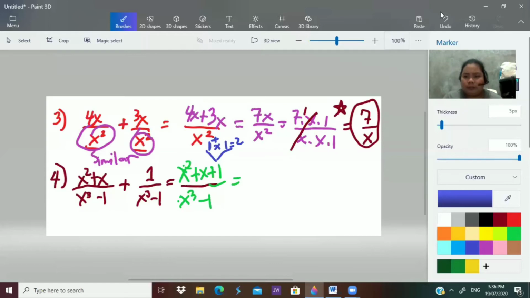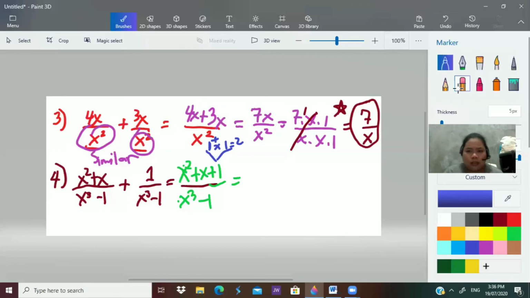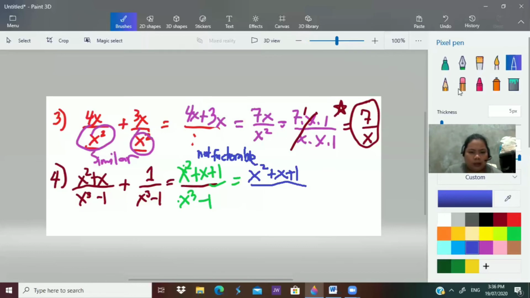So, therefore, the numerator is not factorable. O, kung not factorable, edi i-rewrite mo lang x squared plus x plus 1. Then, proceed tayo sa denominator.